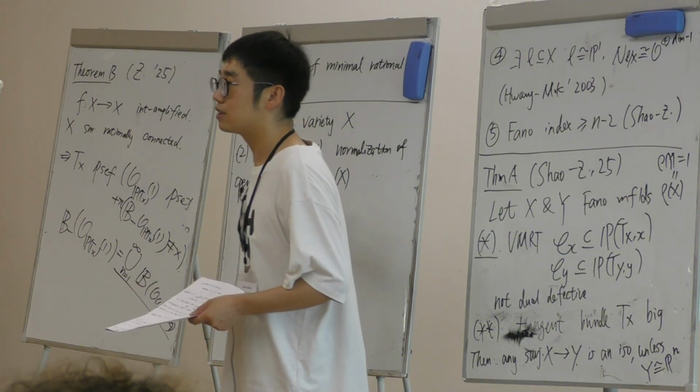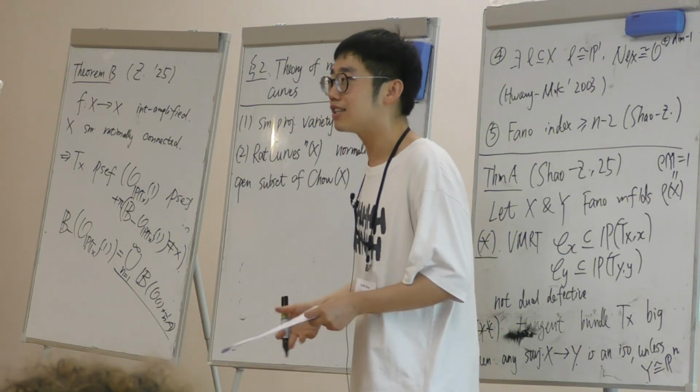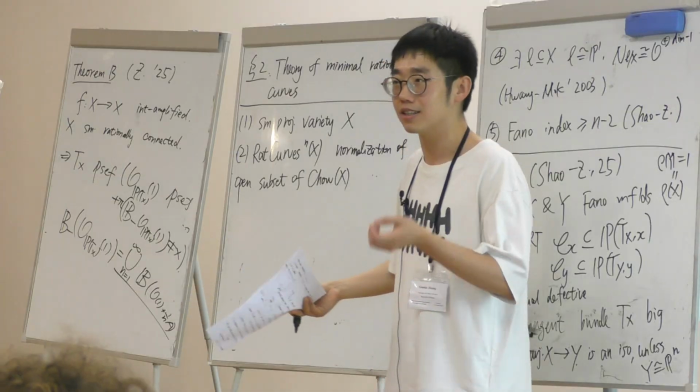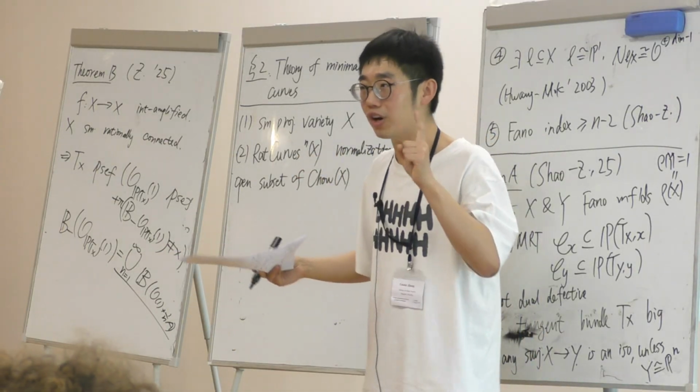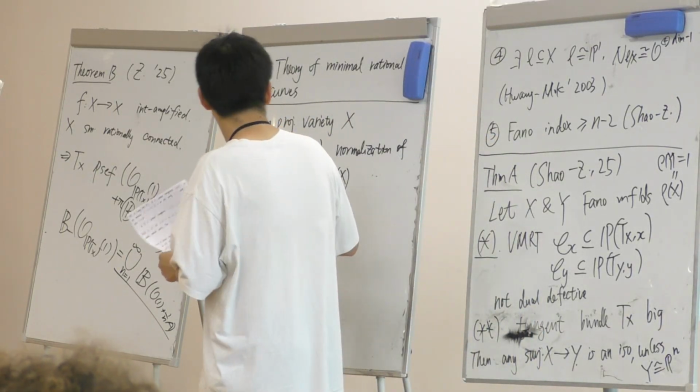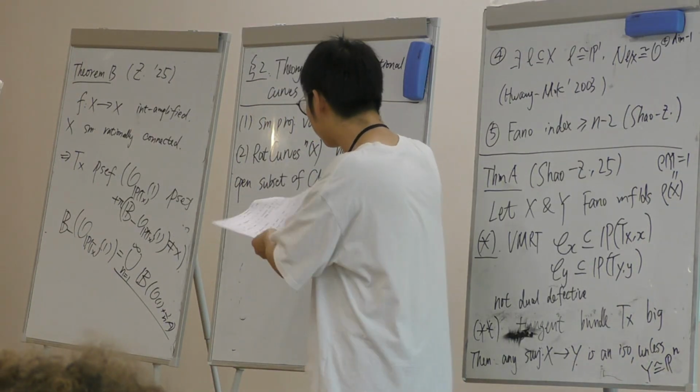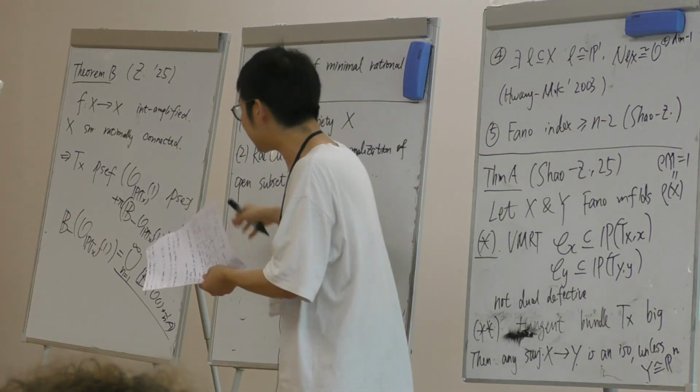So the element in the Chow variety represents a subvariety, and we regard this subvariety as a point in this space. To denote the normalization of the open set, what's this set?